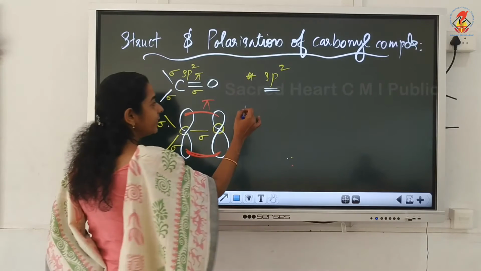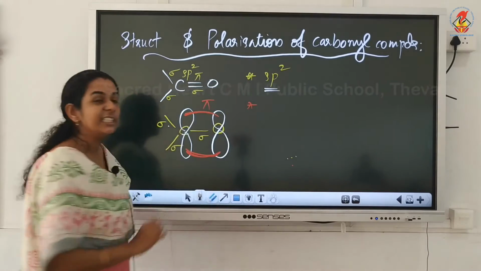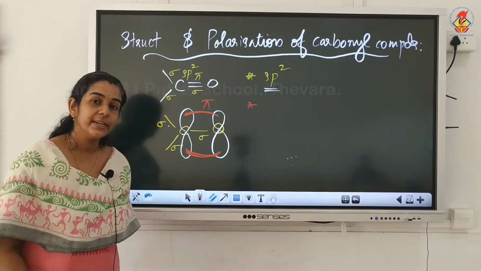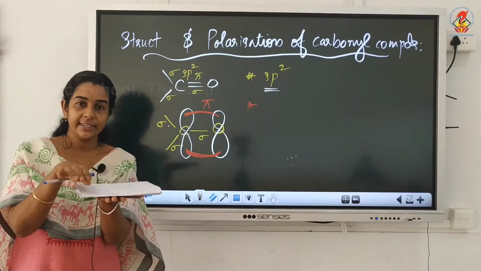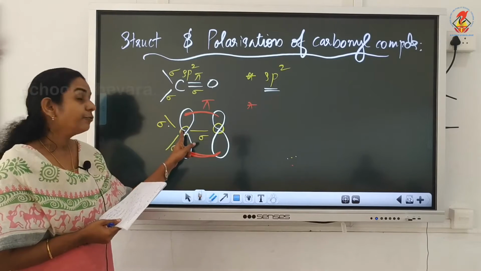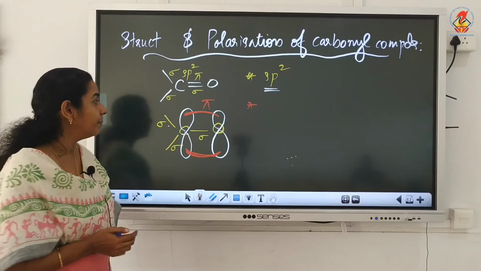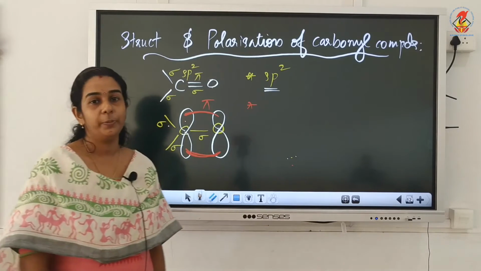And as we said, the carbonyl carbon is sp2 hybridized with one unhybridized p orbital perpendicular to this plane. So the fourth valence electron of the carbonyl carbon will be present in this unhybridized p orbital.